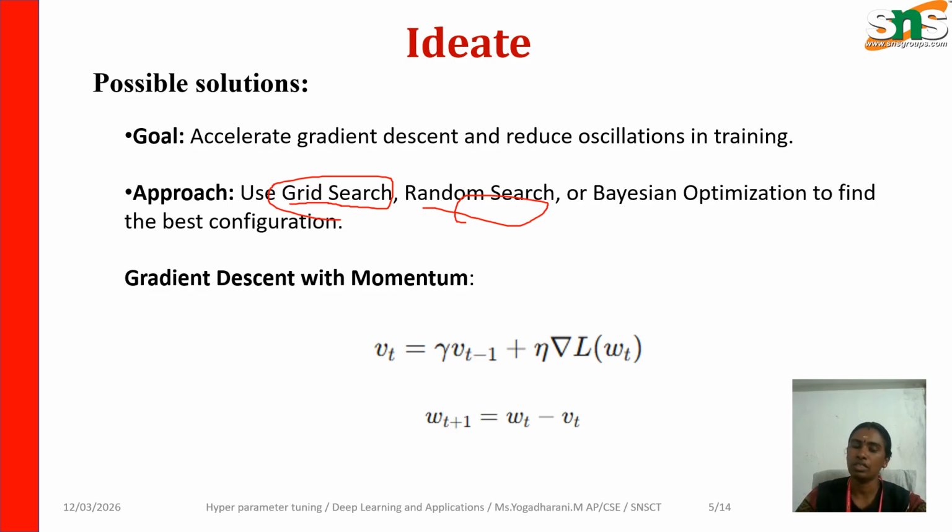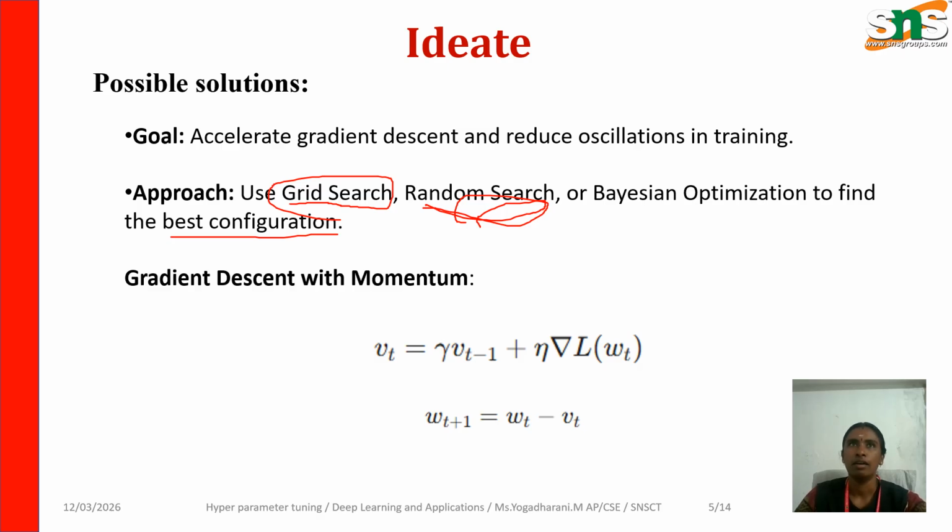Random search is similar to grid search, but the one difference is that we do not evaluate all the possible rows and columns; rather, we pick random sets and find the best configuration.